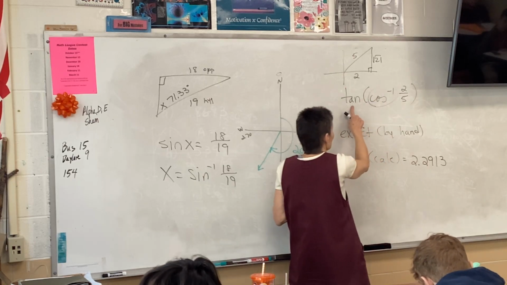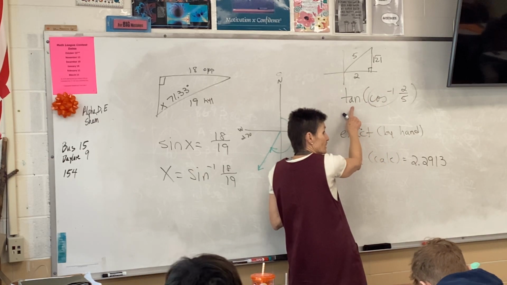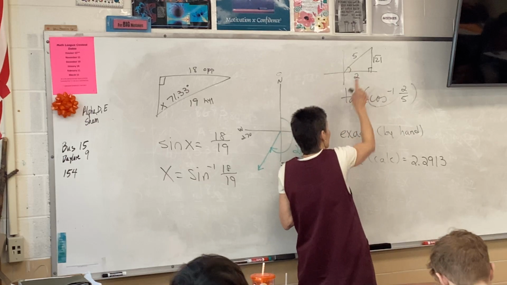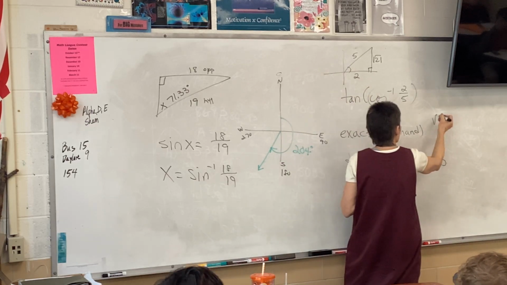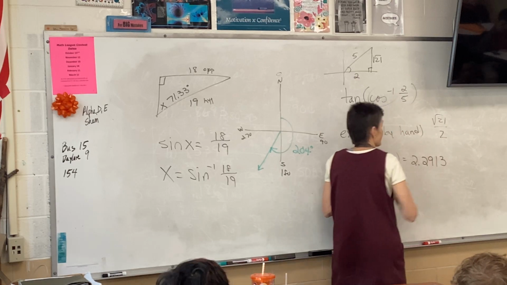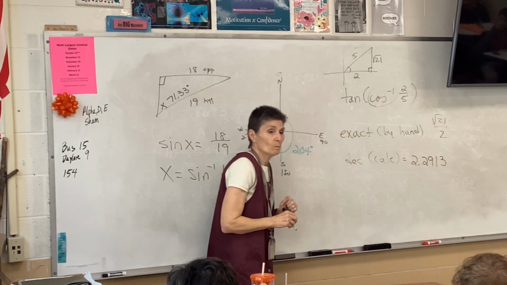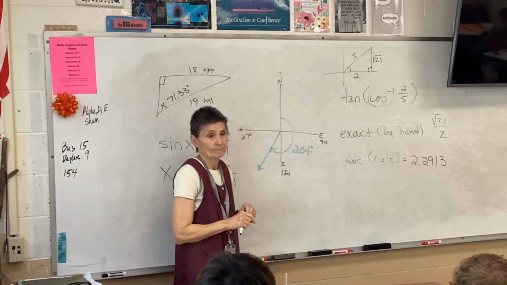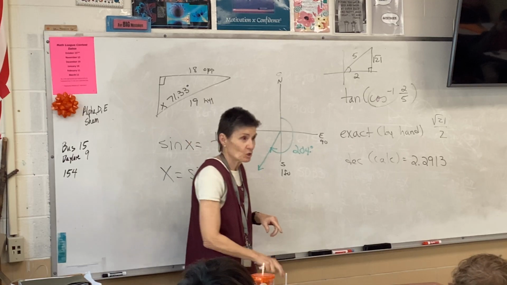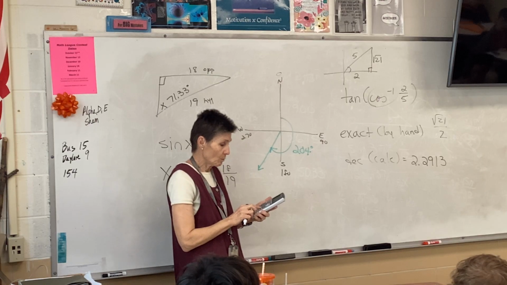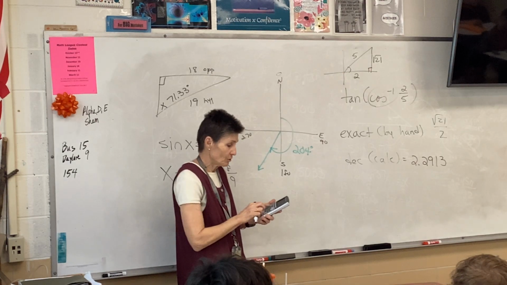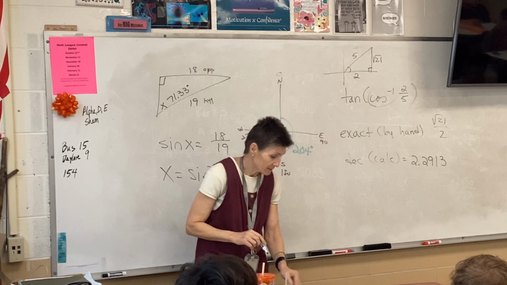I want to look at that picture and find the tangent. For that picture, what is the tangent? Opposite over adjacent. Root 21 over 2. And if you want to check that, and you do the square root of 21 divided by 2, you should get exactly the same answer.